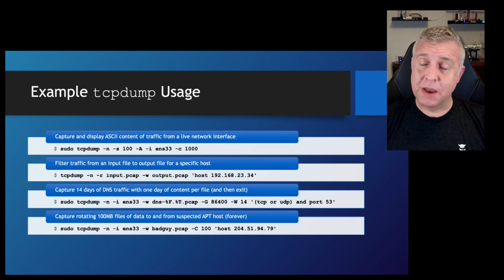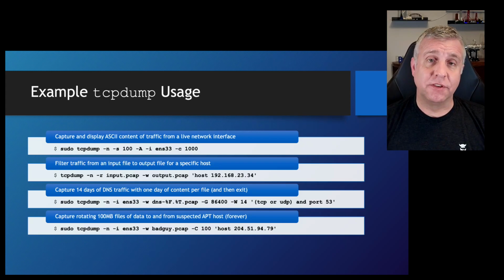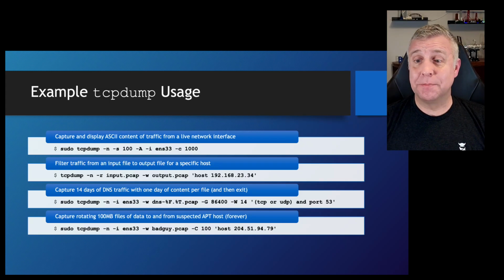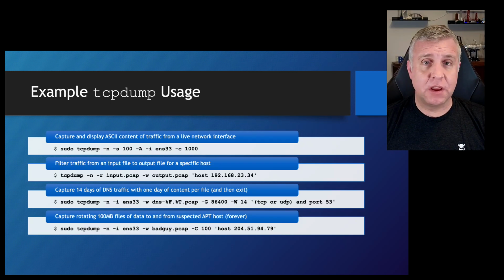And then up to 100 megabytes, badguy.pcap2, .pcap3, 4, 5, and so on and so forth. And because we didn't specify a -W, it's just going to keep going until it's terminated, hitting Control-C, or somebody kills the process, or the system reboots, or there's some kind of error. But it's going to continue creating 100 megabyte files as long as it runs. That is how file size based rotation works.